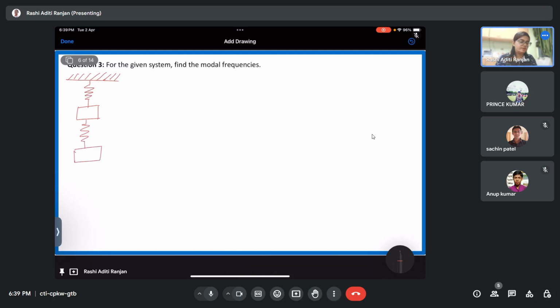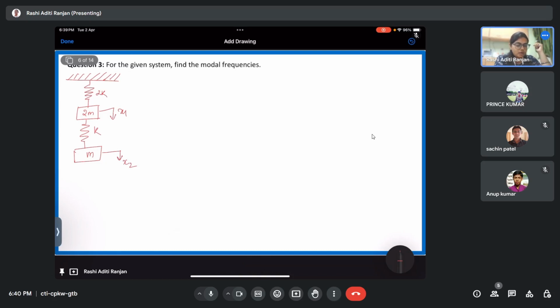Now, if I take it as 2m, m, let us say 2k and k. Okay, so this is my system. Now you can see that it is a 2 degree of freedom system, so it is going to have two movements, x1 and x2.